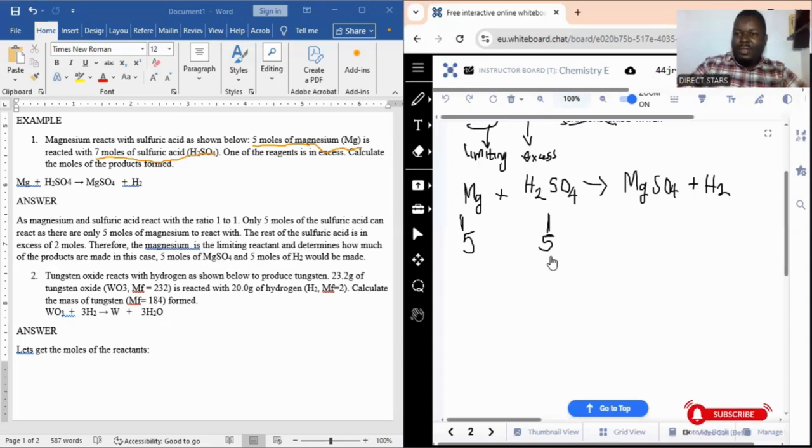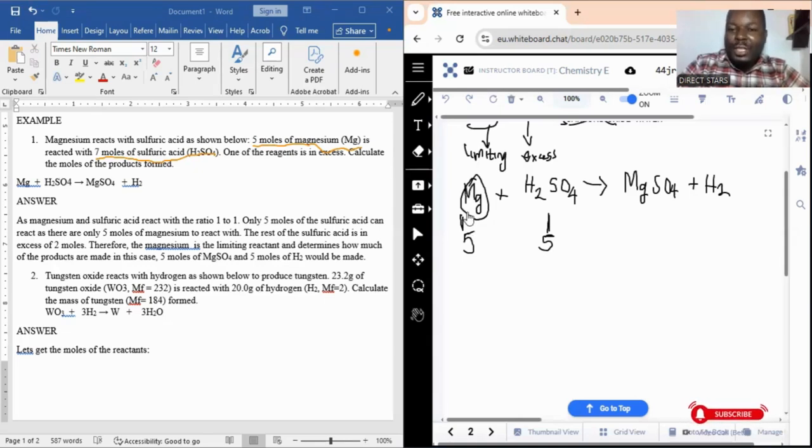That simply means your sulfuric acid is in excess by 2 moles, because ideally the amount of sulfuric acid to be used is expected to be 5. But in this question, we're told it's 7. That already points to magnesium as the limiting reagent.